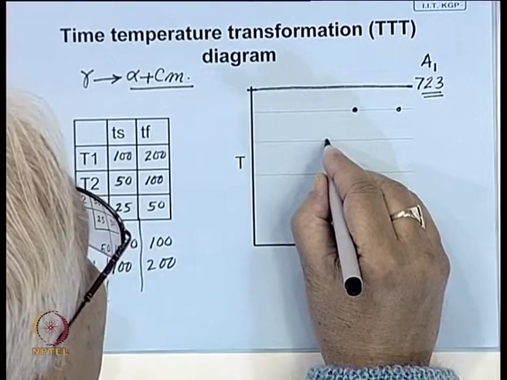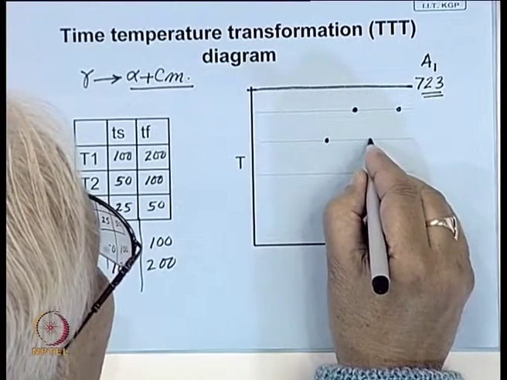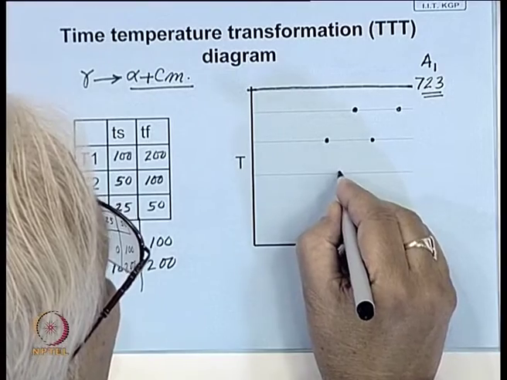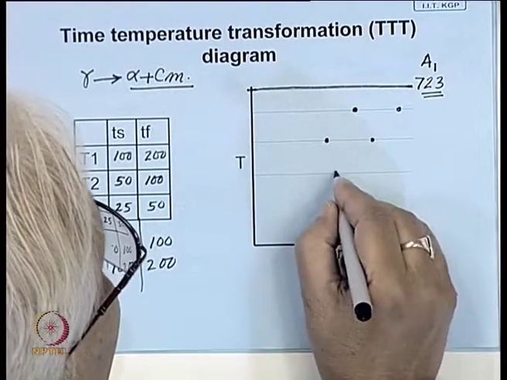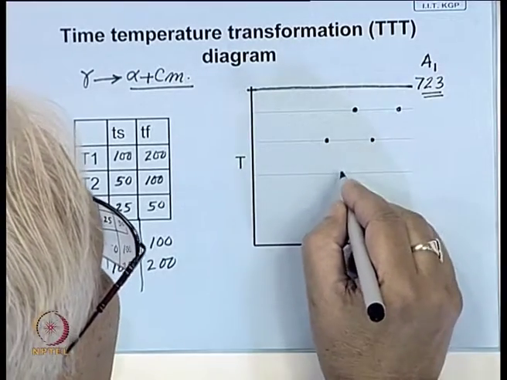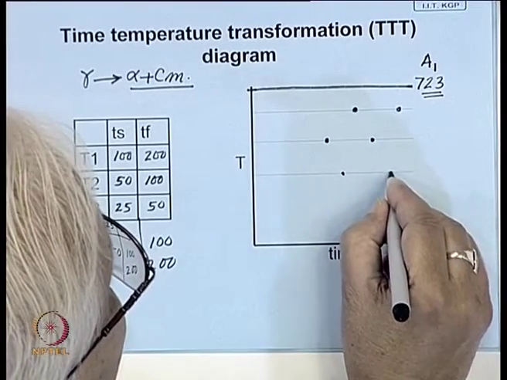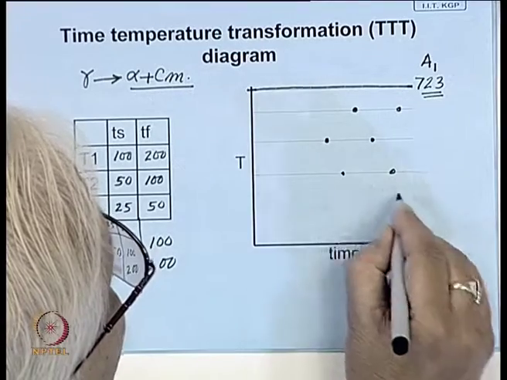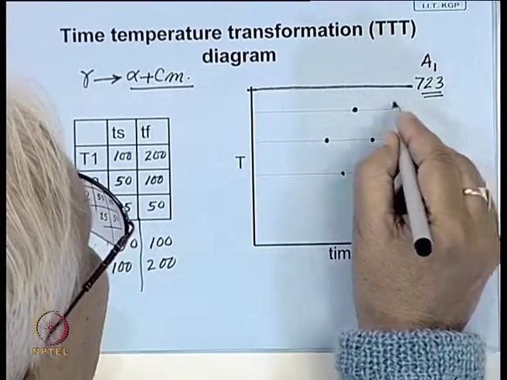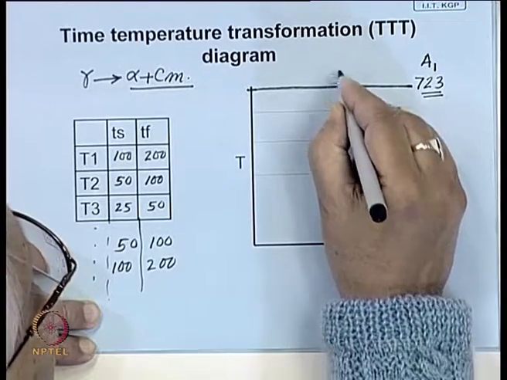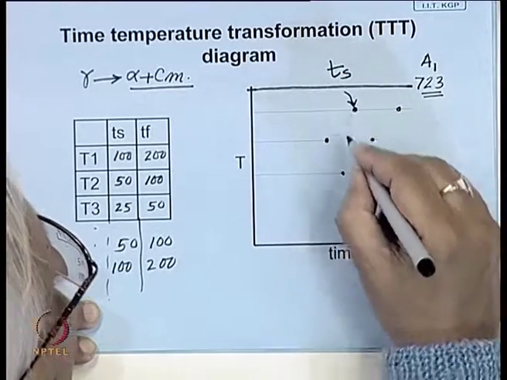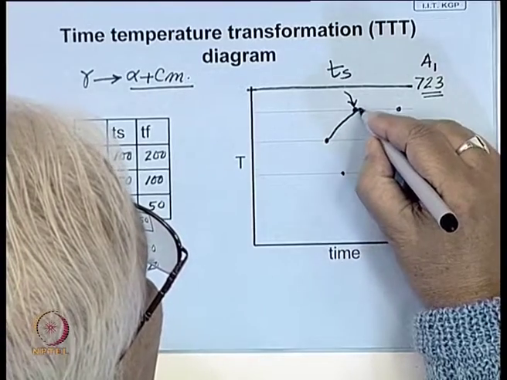Similarly, here this is the start, this is the finish point. Similarly, at another temperature we have seen that once it starts decreasing, then again it starts increasing. So, this is the way it goes. And then if you join all these points, these are the start points, then you get a line like this.